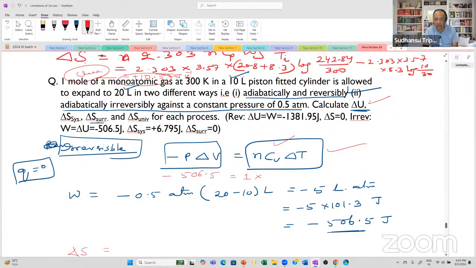The data is not given since it is monoatomic gas, it is 3 by 2, 8.3 into delta T. The final temperature is not known. This is T2 minus 300. So from here we can find T2. Can you find this for me?